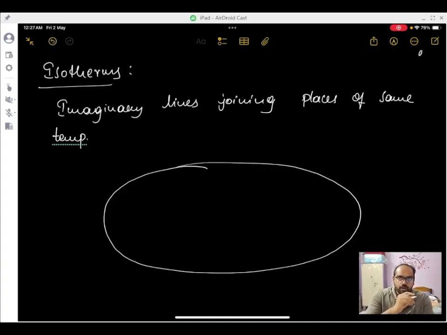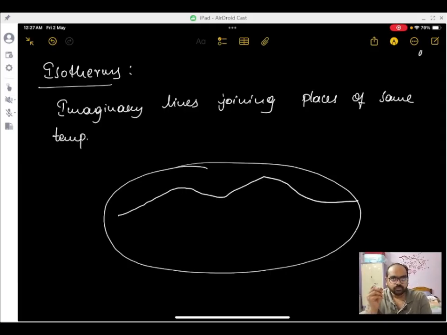So if you draw certain lines joining all the places having equal amounts of temperature, if you draw an imaginary line, like let's say the 10 degree centigrade line, it might be like this. Because we are joining places of equal temperatures.